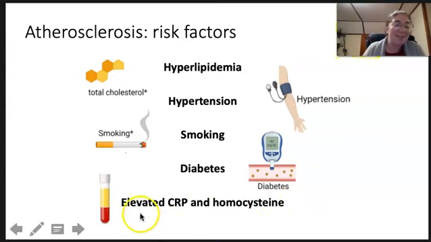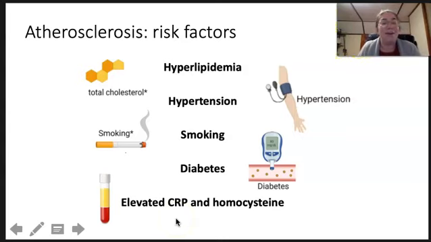And then lastly, this one is really an indicator, I don't know so much a risk factor, but an early indicator of atherosclerosis: people who have elevated CRP, C-reactive protein, which is that protein that's made by the liver when there's inflammation.